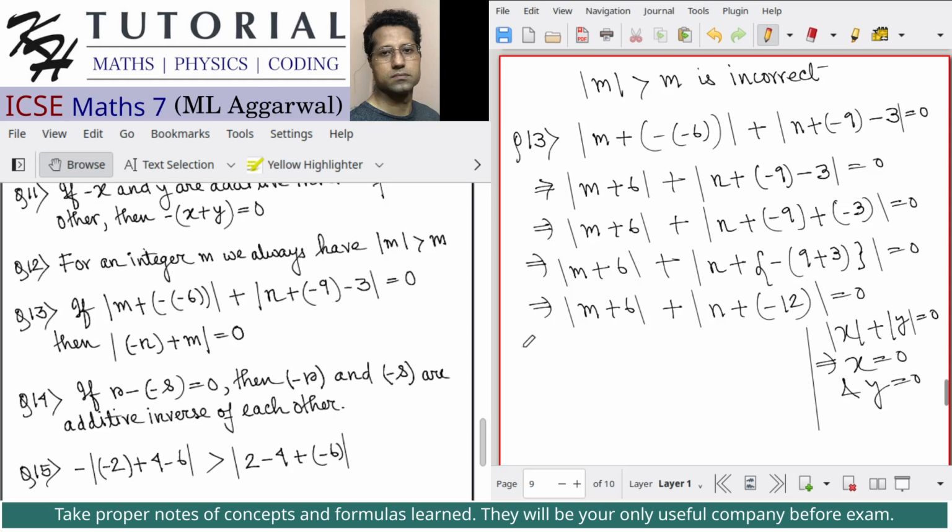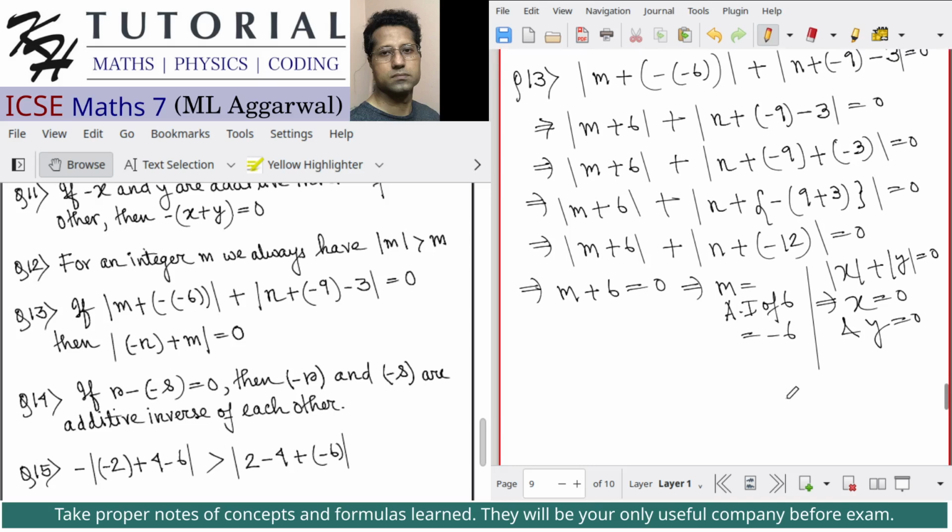So we can now say that m plus 6 is 0. This implies that m and 6 are additive inverse of each other, which means m is equal to the additive inverse of 6, which is minus 6.